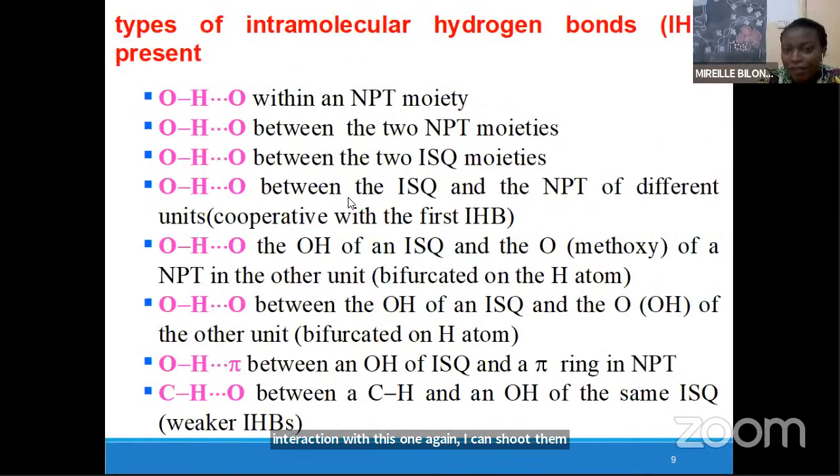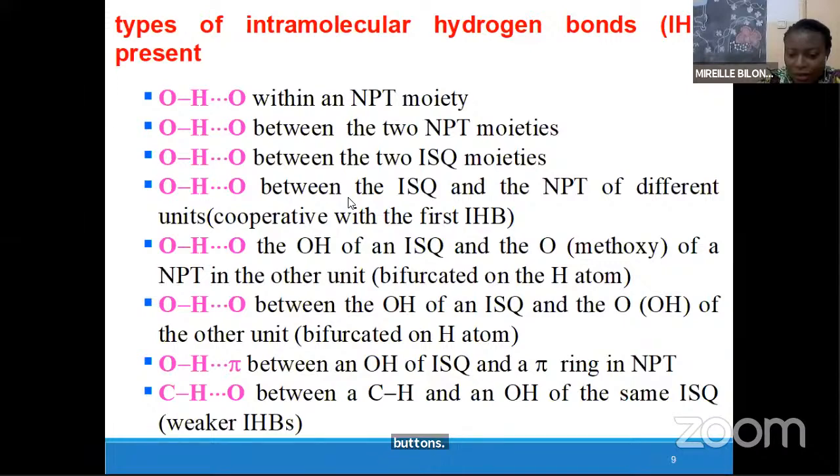And we have found different types of hydrogen bonds. So this molecule was having many types of hydrogen bonds. So we have found them between the naphthalene moieties, between the isoquinoline moieties, between the isoquinoline and the naphthalene moieties, and so on.